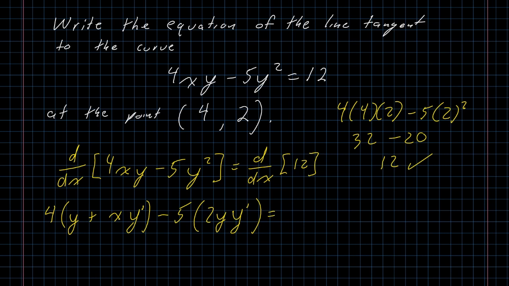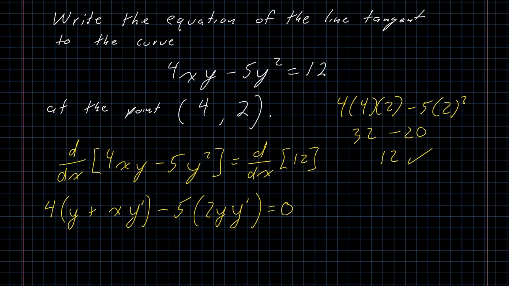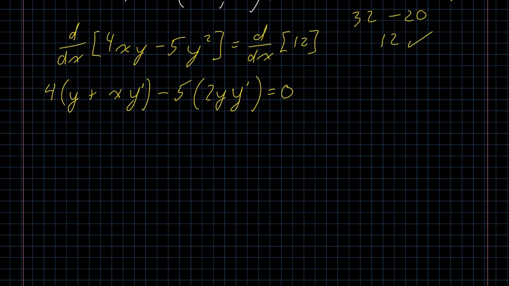On the right-hand side, the derivative of a constant is 0. All right, distribute, clean things up a little bit. 4y plus 4x y prime minus 10y y prime is equal to 0.